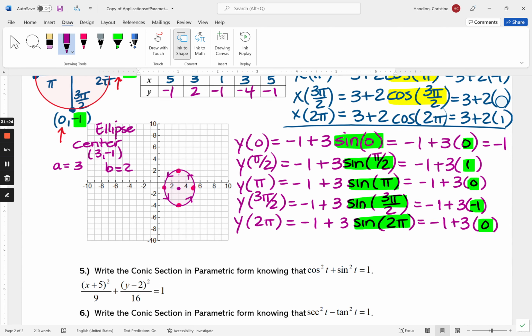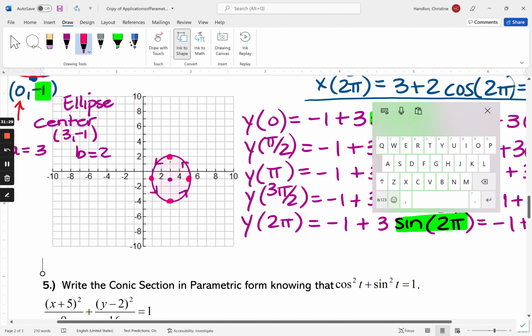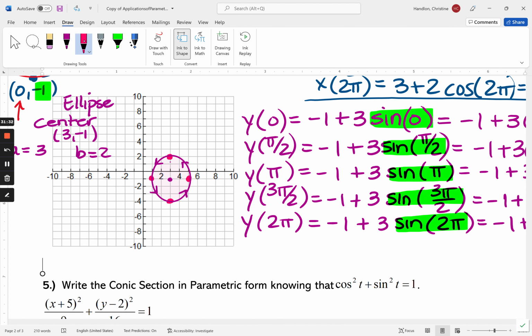And every single time, you should also always provide me with t-values for every point you plotted. We started with a t-value of 0, and then we went to the t-value of pi over 2. Then we plotted t-value at pi, t-value at 3 pi over 2, and made our way back to 2 pi. So don't forget to label each point every single time.